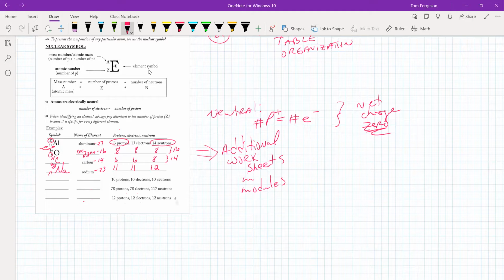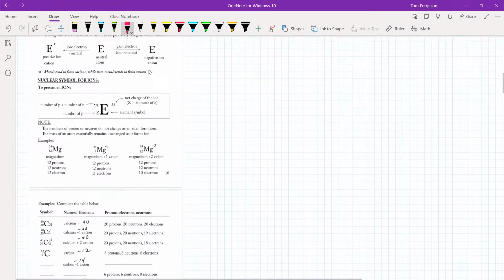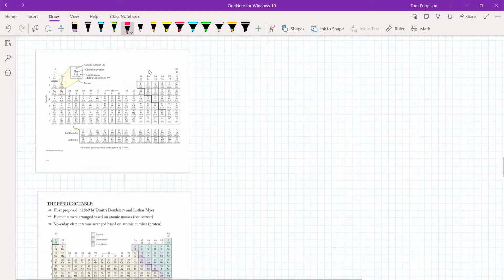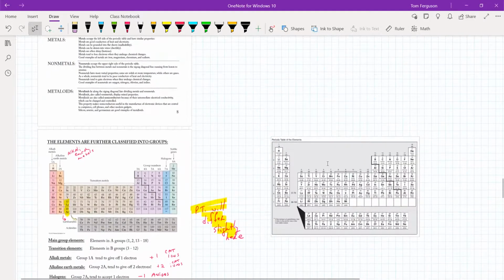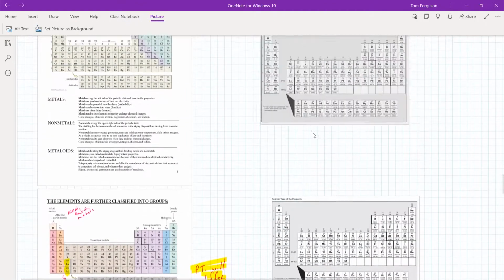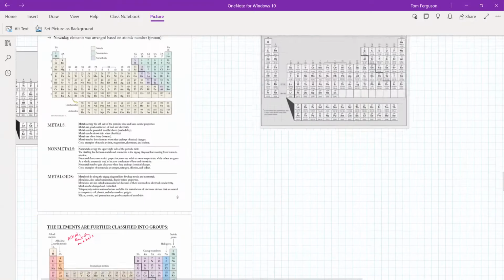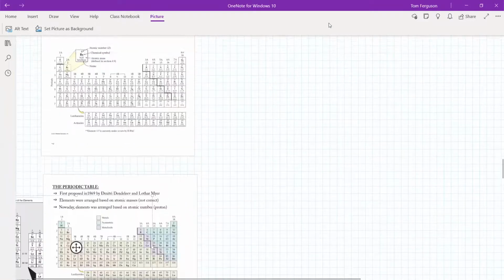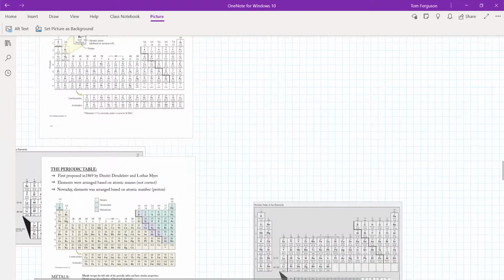All right, so what has 10 protons? Well, if we look on the periodic table, I need to move a periodic table. Let me just move one up here. Should have had this more convenient for you.